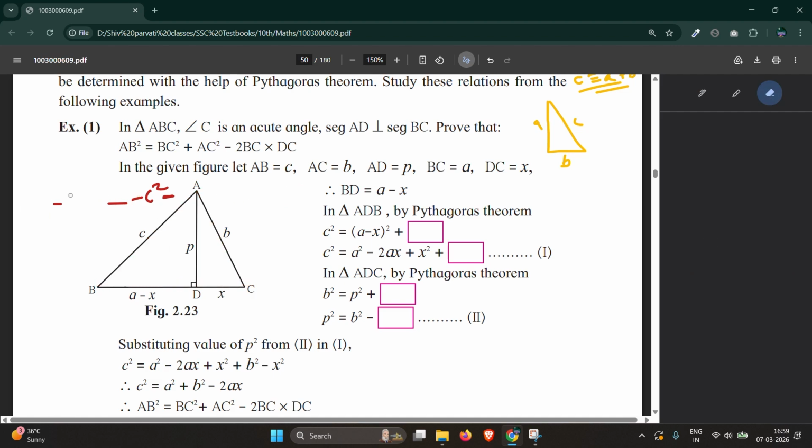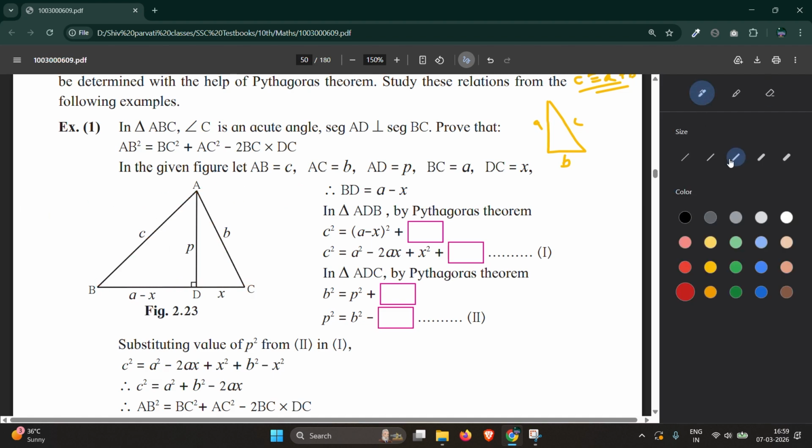So let us try to prove this. Let us just see how this is proved very quickly. First of all, in this figure, let us call this C, let us call this B, and let us call this whole thing A. This small part over here would become X, and this part would become A minus X. After giving all these names, we use the Pythagoras theorem in the triangle ADB, the bigger triangle to the right over here.